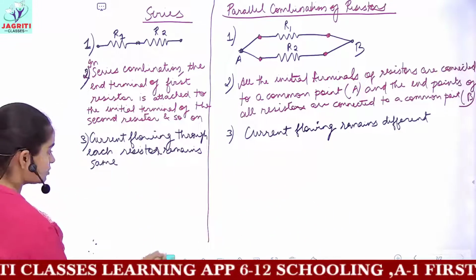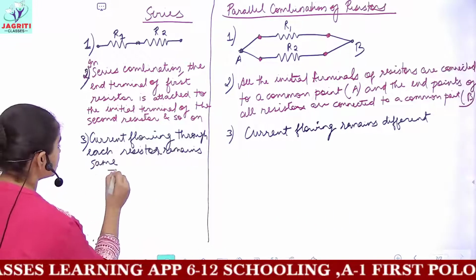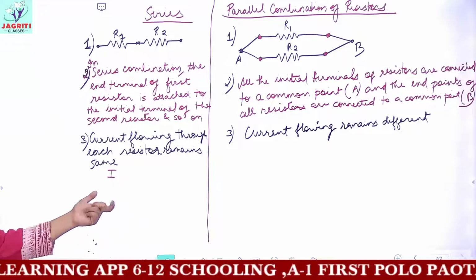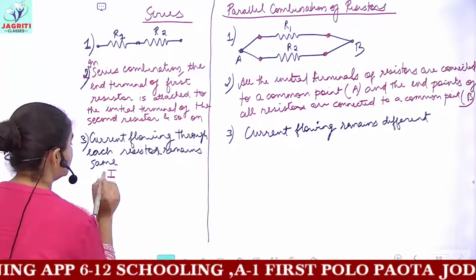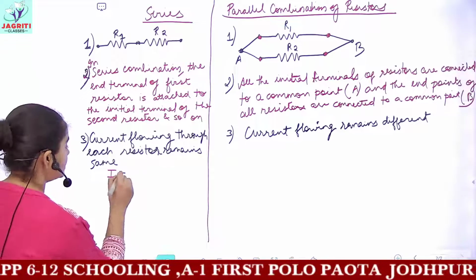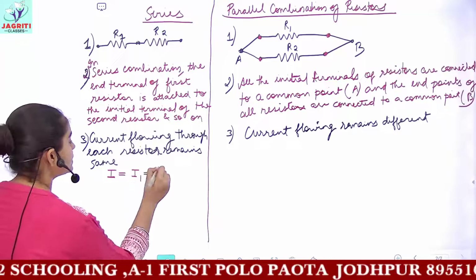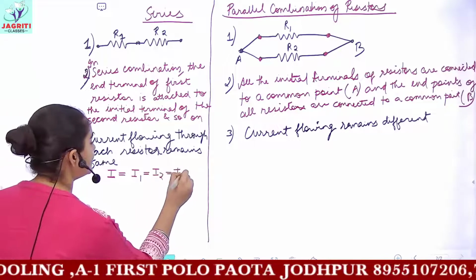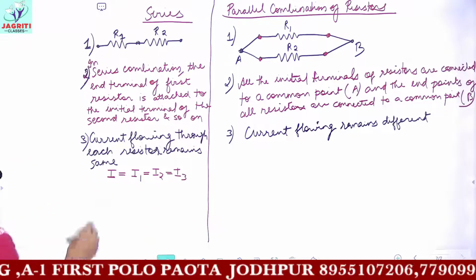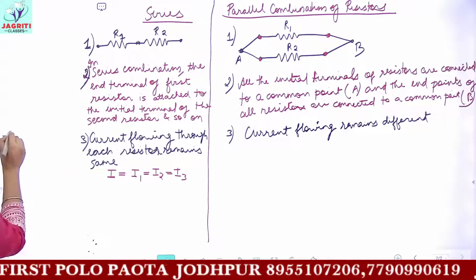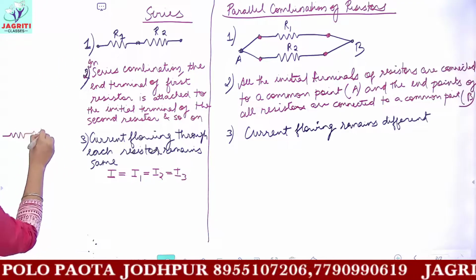What I am trying to say is, for series combination, the total current which is provided by the source of current, this I is equal to I1, which is equal to I2, which is equal to I3, and so on. What do these terms mean? Let's see. You have a series combination of resistors here.